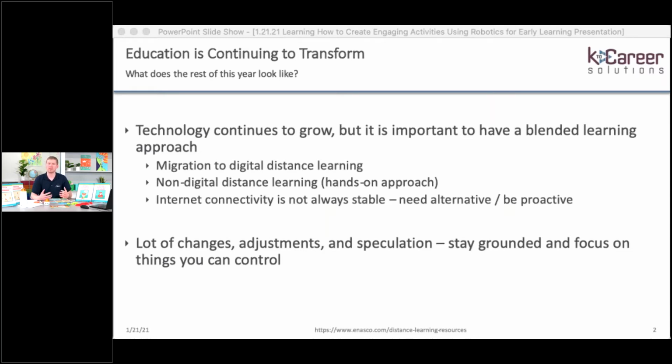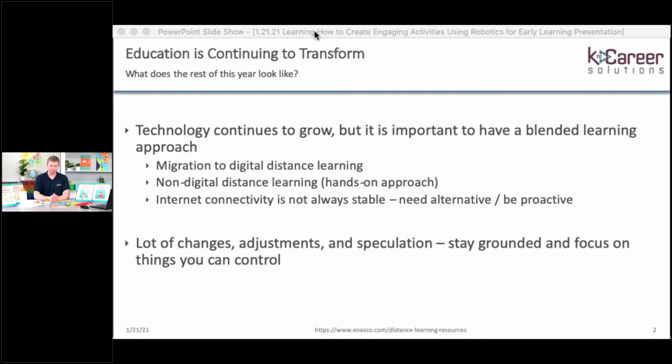So we really want to stay grounded and focus on things that you can control, and then you're able to sometimes alleviate some of that stress, because there's a lot of uncertainty yet. We don't know if we're going to be distance learning full-time until next year. We don't know how that's going to impact us in the coming months. There's a lot of speculation around that. So stay focused and stay grounded on things that you can control, and that sometimes helps you with some of those stressful situations that you wouldn't normally want to be in.